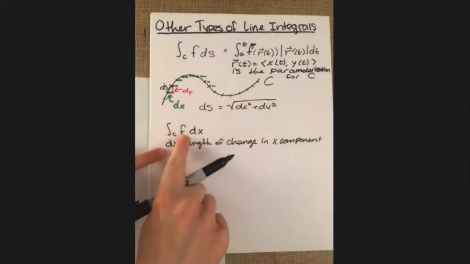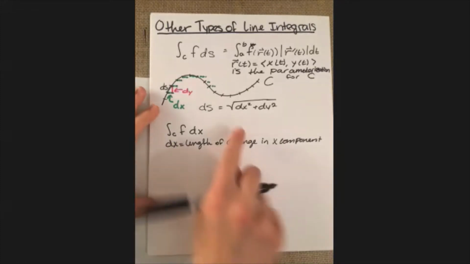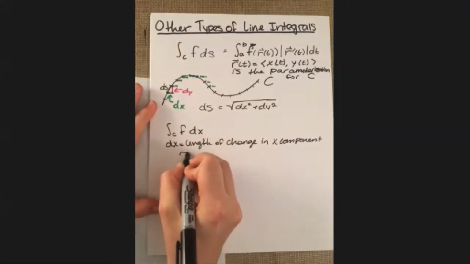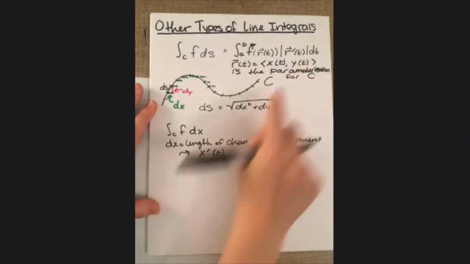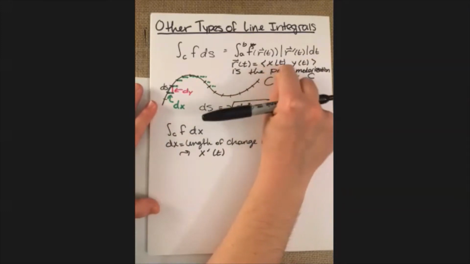And then once again, we're able to take some density into account. The way that we're able to account for this, or at least set up our integral, is quite similar to what we do up here. And what we're going to use is x prime of t, since instead of caring about this entire vector here, we really only care about the x component, how it's changing in the x direction.